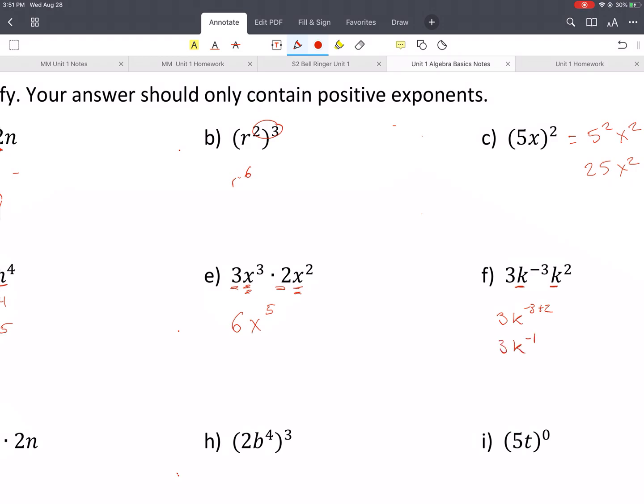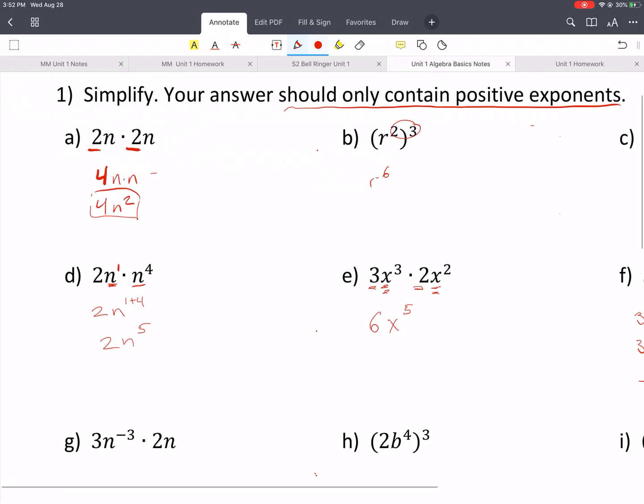And remember, the rule is that you should only have positive exponents. So if we have a negative exponent, we can bring it to the bottom and change its sign. So we'd still have 3 at the top, and then we'd bring k to the bottom and make it a positive 1. And k to the 1 is just k.